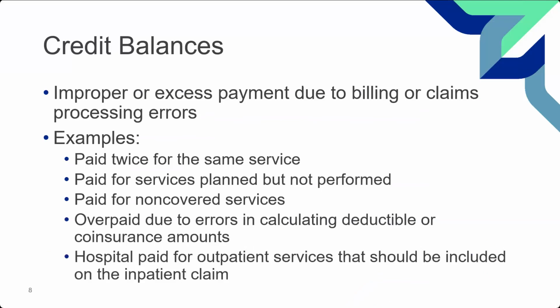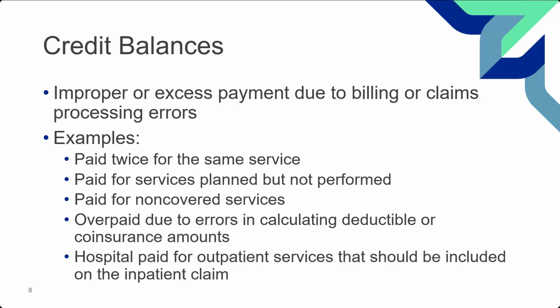We would think that that wouldn't happen, but sometimes it does. And that could be that you were paid twice by Medicare, so it's a duplicate claim, or you were paid twice for that service, once by Medicare and once by another entity, whether that's a person or another insurance company.